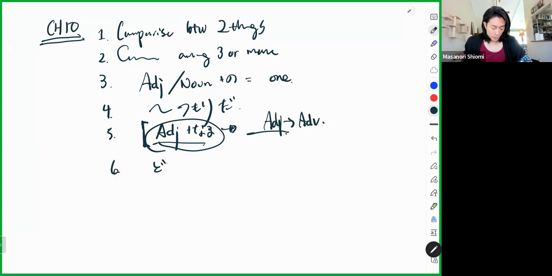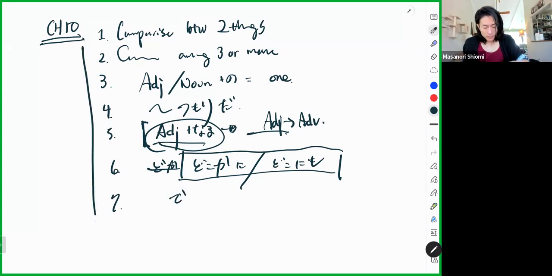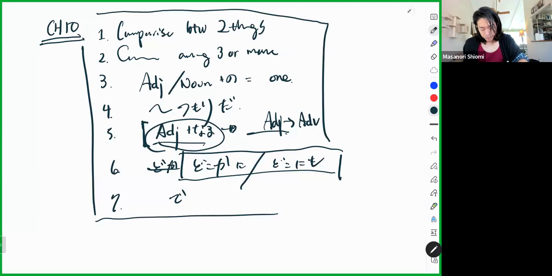And then we did learn this one, どこにも. It's just extra information from what we learned last chapter, I think. And then the second function of the particle に. So this is all we're going to cover in this chapter.